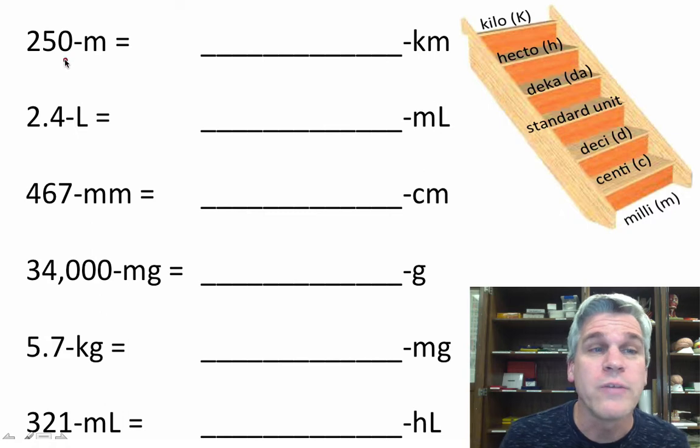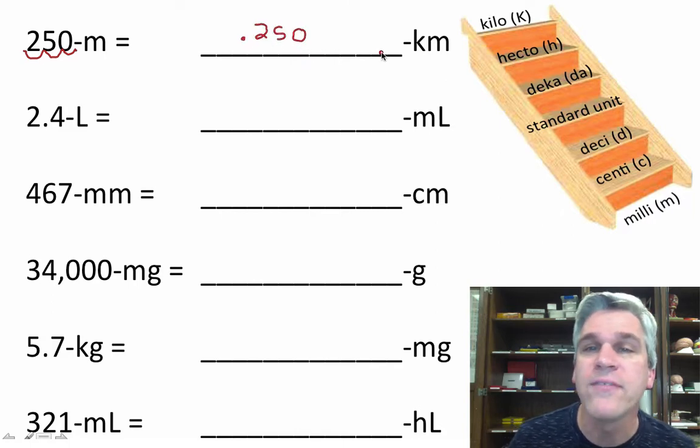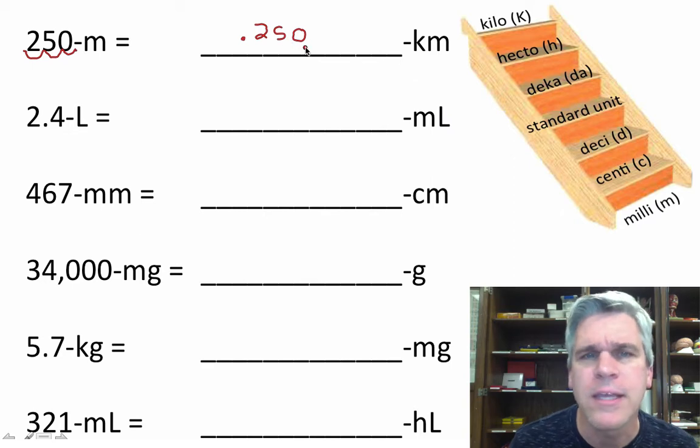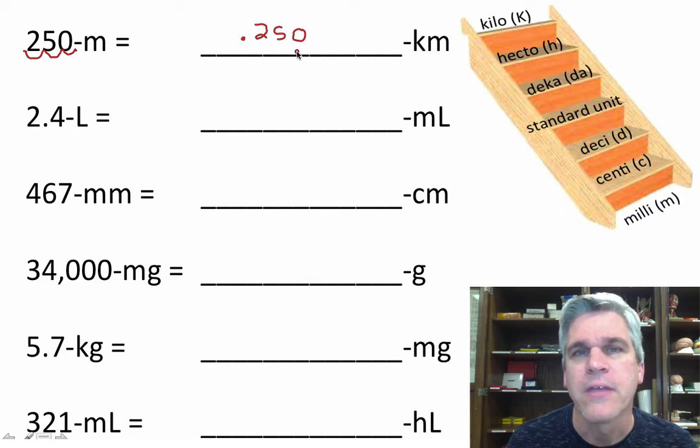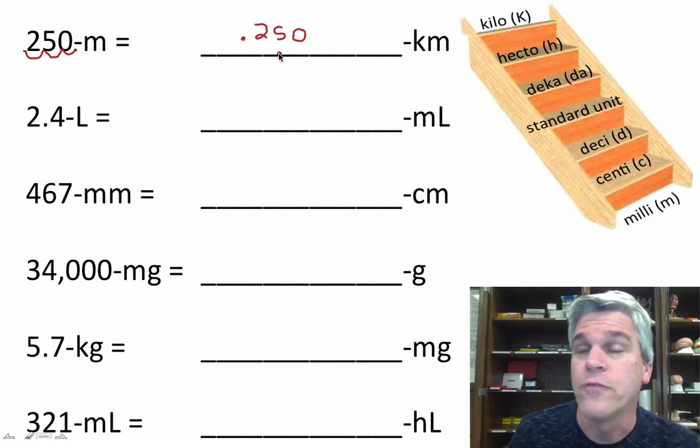Now, there is no decimal point here. Well, we can assume that there's one right there. And so if I move my decimal point 1, 2, 3 spaces to the left, my new conversion is 0.250 kilometers. You do want to keep that 0 there. If you remember when we talked about precision, because we know that it's not 0.251, for instance.